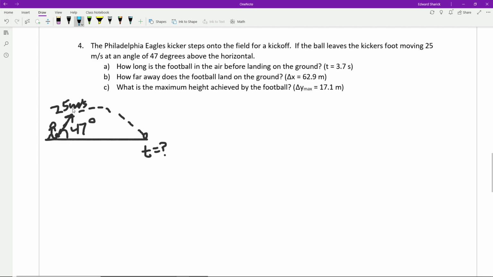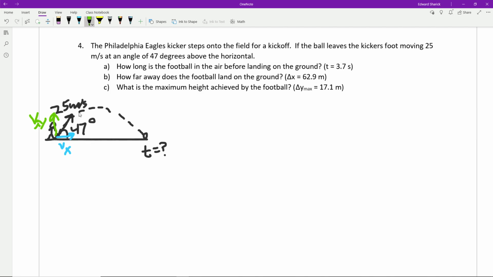So if I think about this vector here being components, I have some component here in the x direction, which we call vx. And I have another component here in the y, which we'll call vy. And more specifically, we're going to call this viy, because this is our v initial, our initial velocity in the y direction, or in the up direction, in the y hat direction.